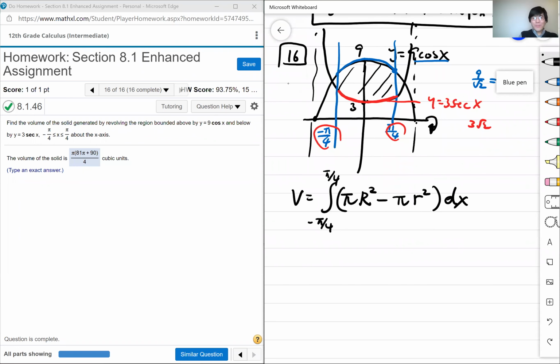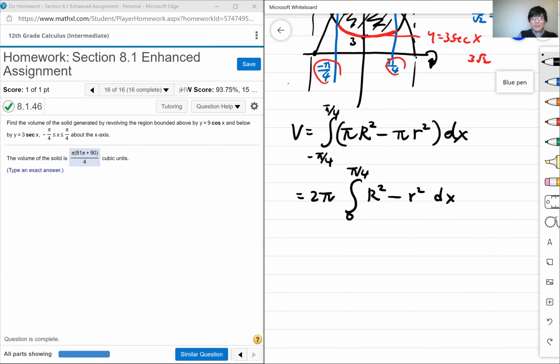Well, clearly everything is even. This side and this side are identical, so you can use evenness to double the result of 0 through pi over 4. I'm using the even property. The bigger radius is the y value for the upper graph, which is 9 cosine x.